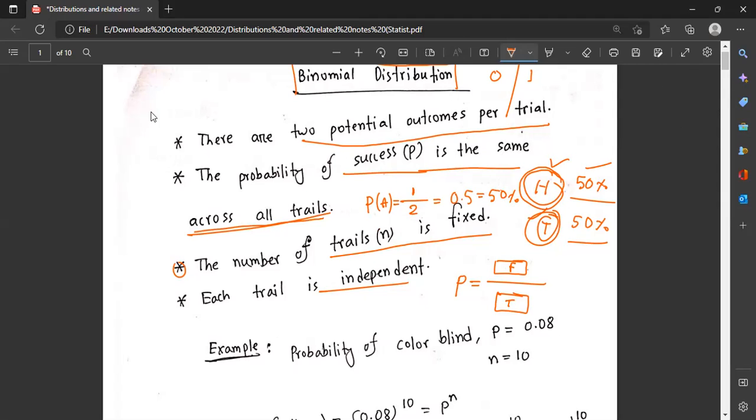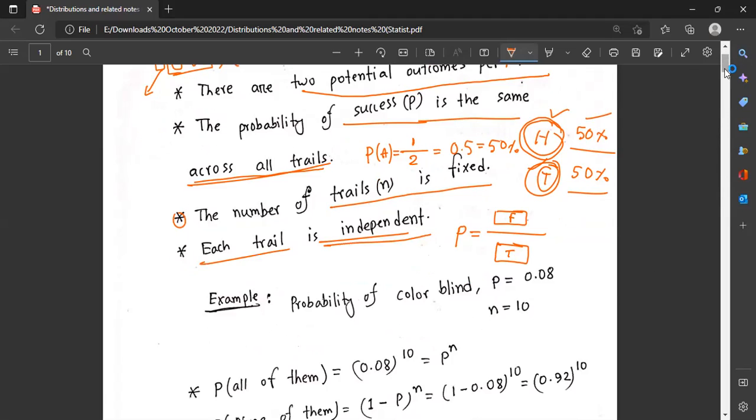For example, you have three pens: one is red, another is blue, and another is green. If your friend takes the red one, it will affect the next outcome, right? Because you cannot take the red pen. So this is not independent. But for the binomial distribution, each trial has to be independent.